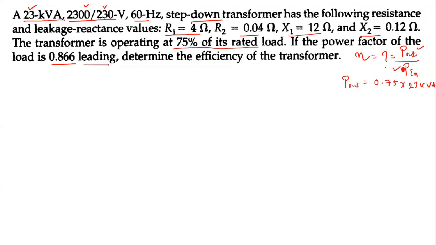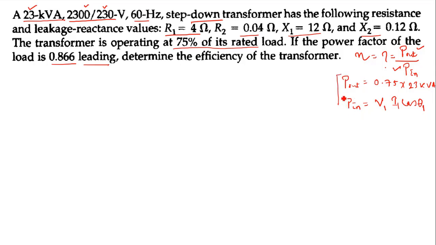And how do we find P in? If I know the voltage and current on the input side, then I can just multiply. The angle between V1 and I1, let us say, is theta 1. So I can write it as V1 I1 cos theta 1, and that will give me the input power.